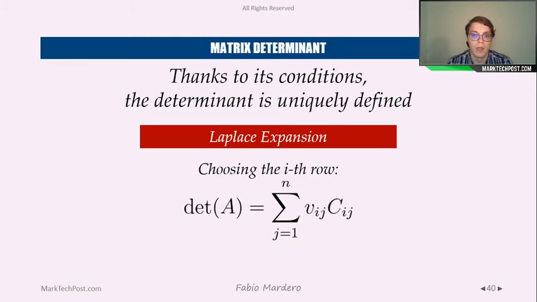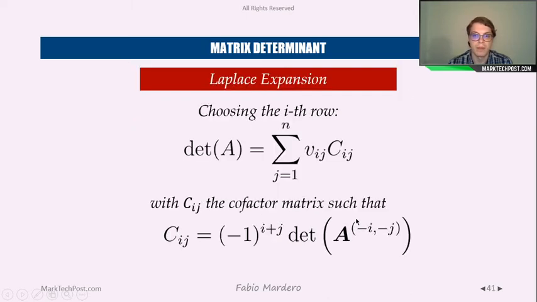So we choose one generic row, and the determinant of the matrix can be computed as the sum over the columns j of the element in position ij times this term Cij. Cij is said to be the cofactor matrix, and in fact it is a signed determinant of this matrix.